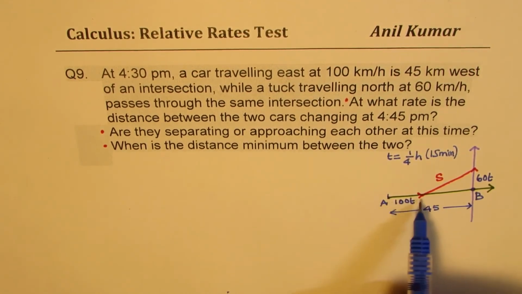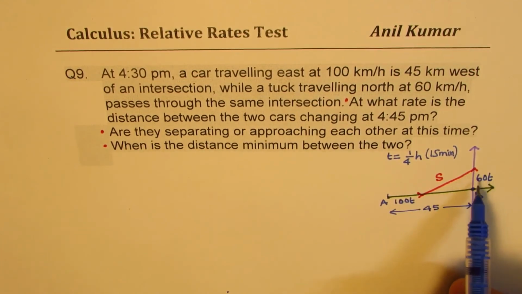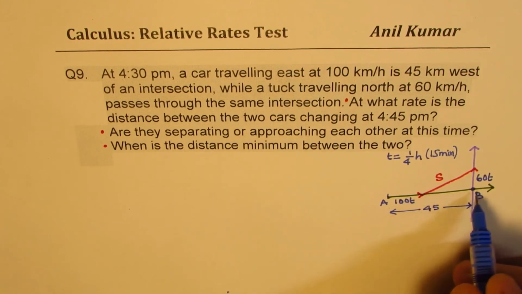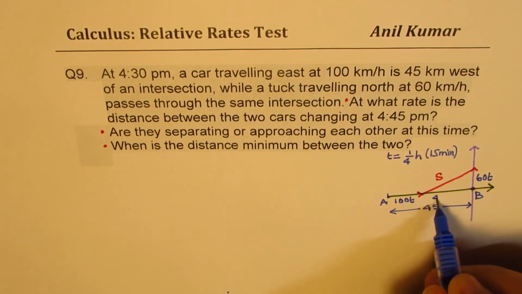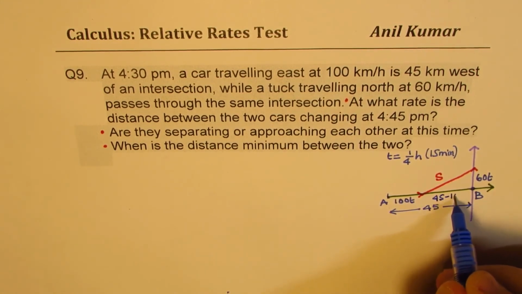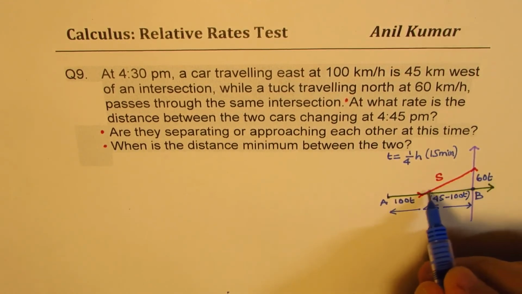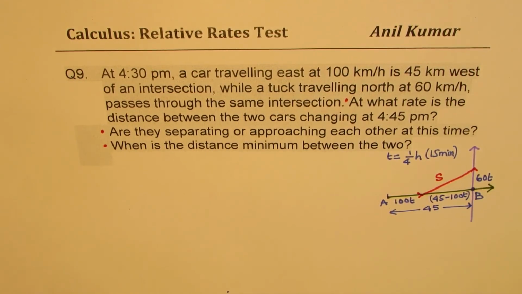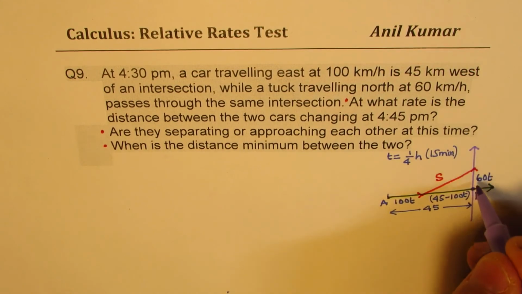So if this is 100t and that is 60t, then the actual distance at any time comes from 45 minus 100t, whole squared, plus 60t, whole squared, to get S. I hope you got this concept and the drawing. Let's call this point here.